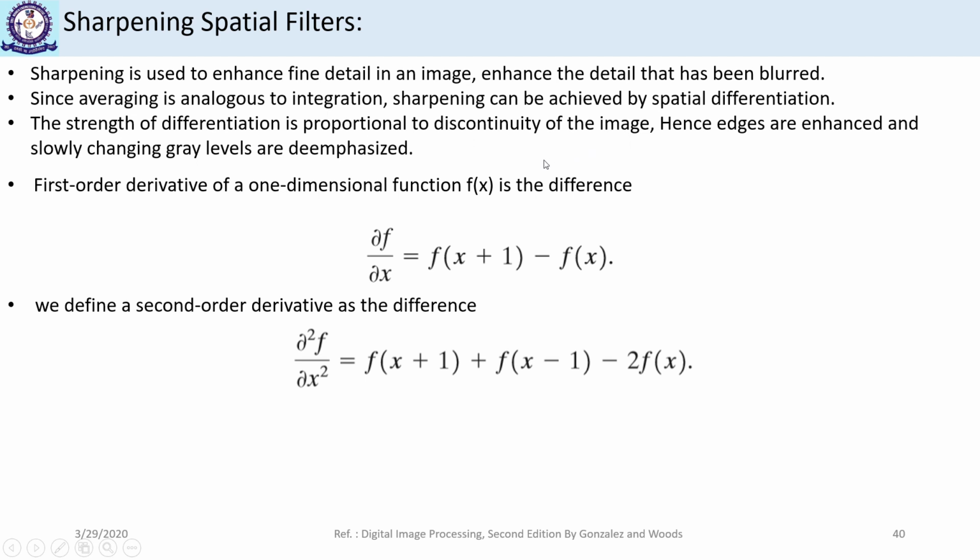So, if there is a change in the intensity level of the pixels, that would be the strength of the differentiation of that particular image. Hence we can say that these sharpening filters will enhance the edges, and they will de-emphasize the slowly changing gray levels.